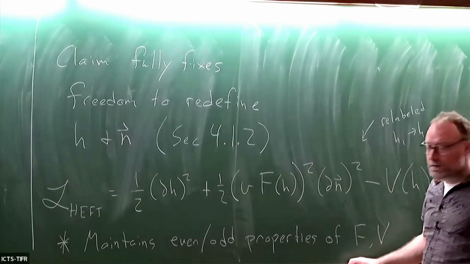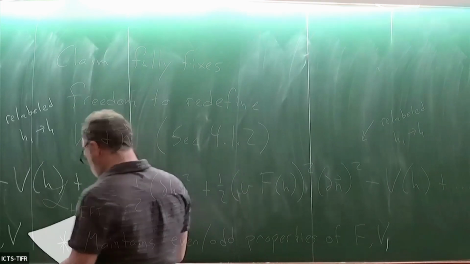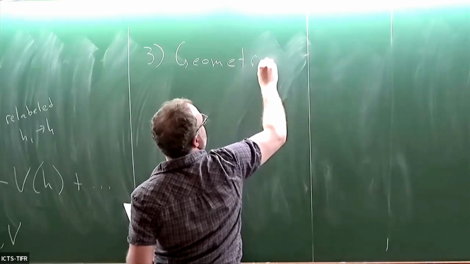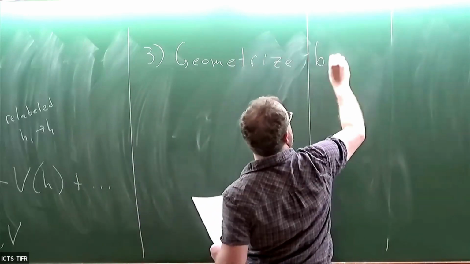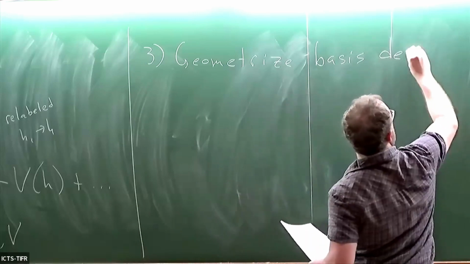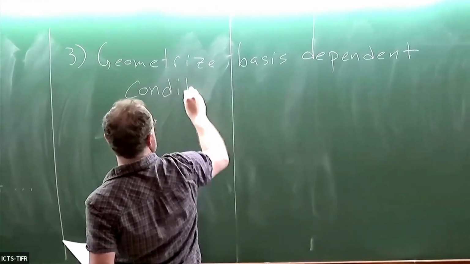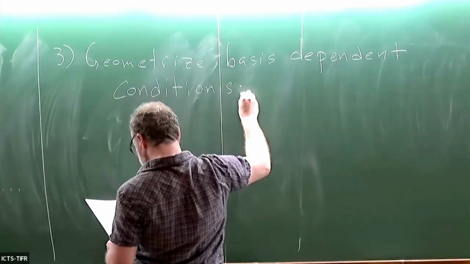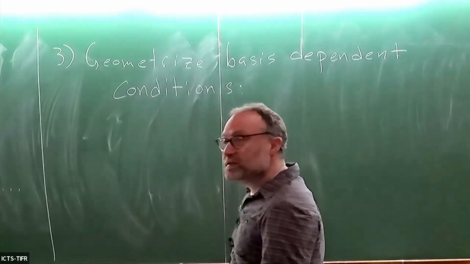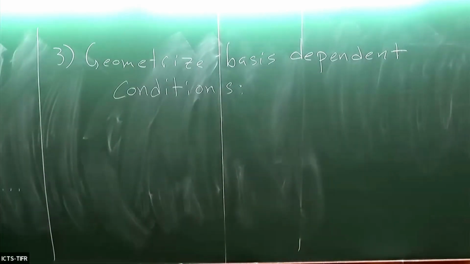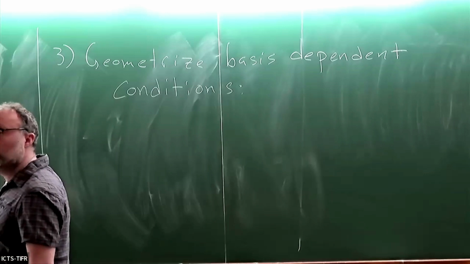Okay, and then step 3. I geometrize the basis dependent statements. So in order to do this, notice, here I have some arbitrarily high odd polynomial function, and here I have some arbitrarily high even polynomial function.